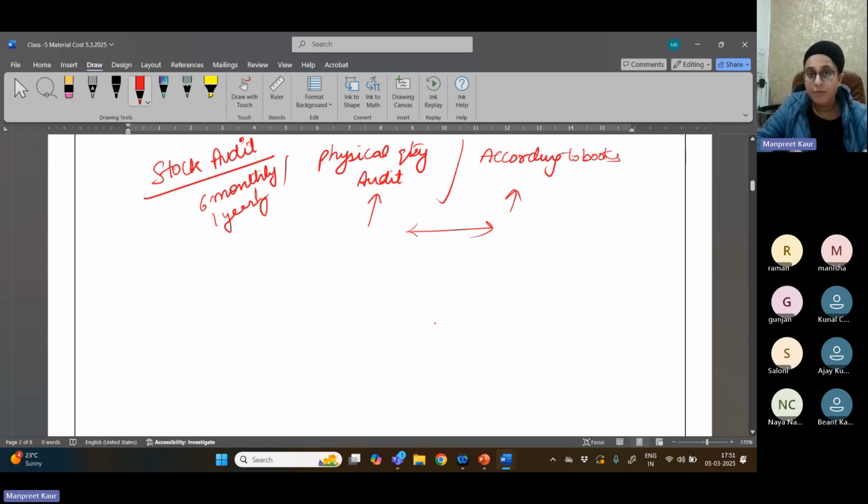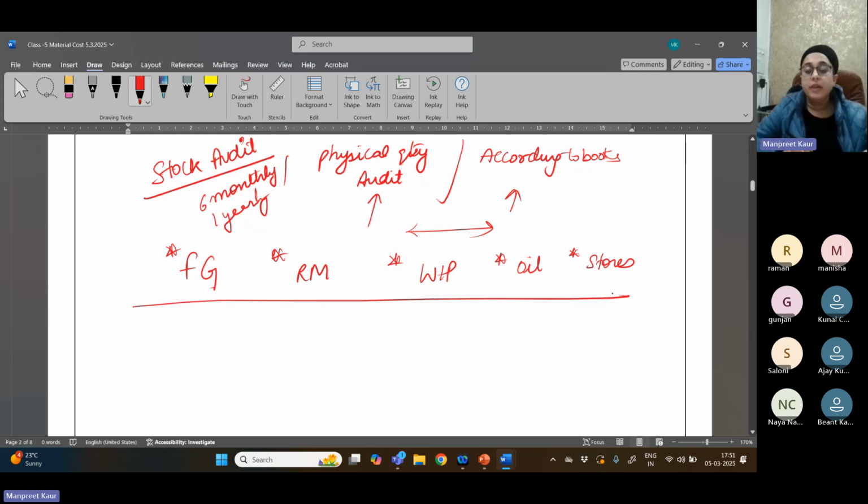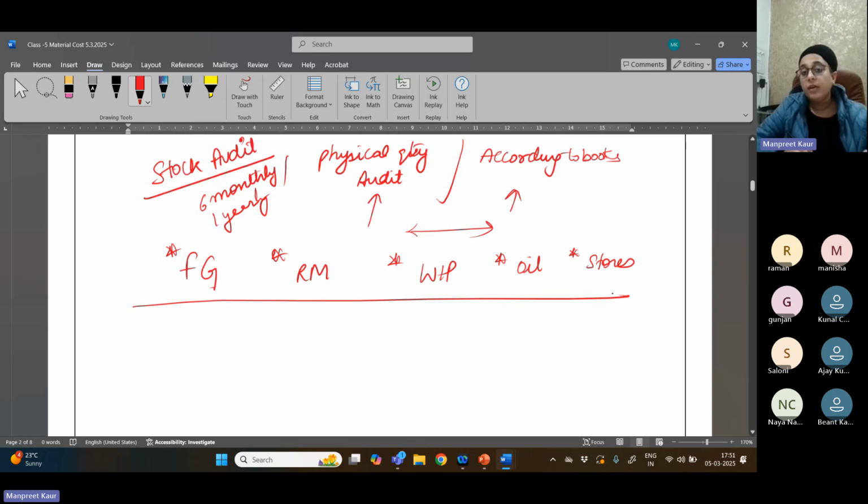Every company, manufacturing industry does stock audit. ਉਹਦੇ ਅੰਦਰ finished goods ਦਾ ਵੀ audit ਹੁੰਦੀ ਹੈ, raw material ਦੀ ਵੀ, WIP ਦੀ ਵੀ, कंज्यूमेबल्स ਦੀ ਵੀ, any oil, ਔਰ stores ਦੀ ਵੀ, tools, jigs, these all covered under the stock audit.